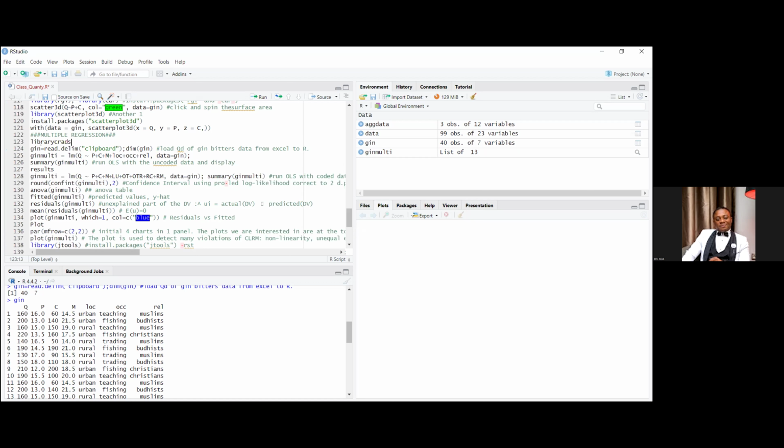Library into brackets. Library into brackets. Okay. C. It will start coming, CAR. Yeah. Okay. You seem to have not installed it. So go to packages and install it.